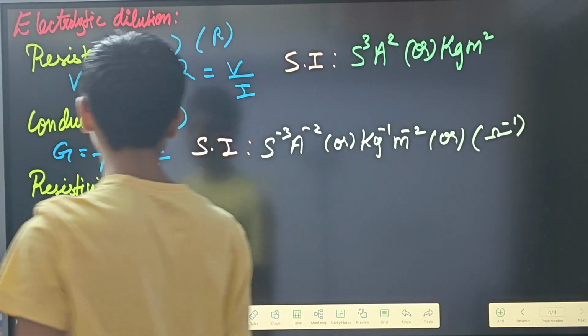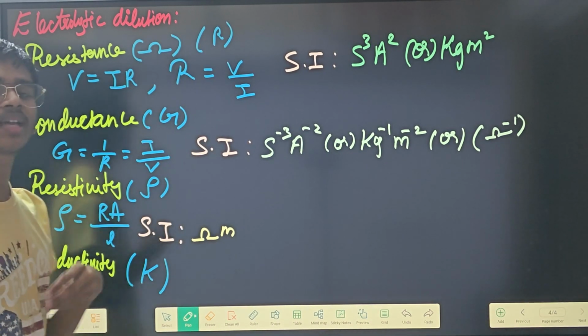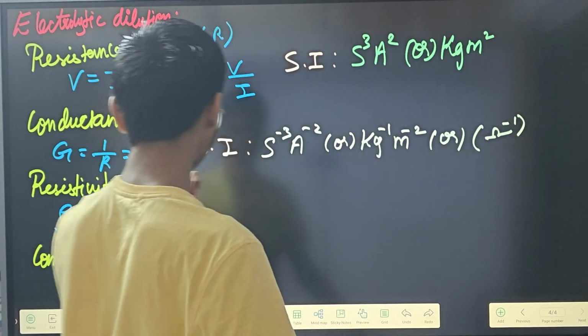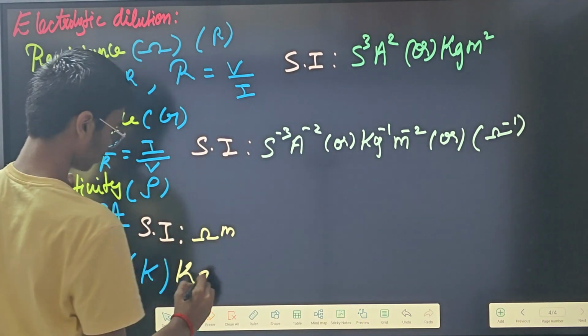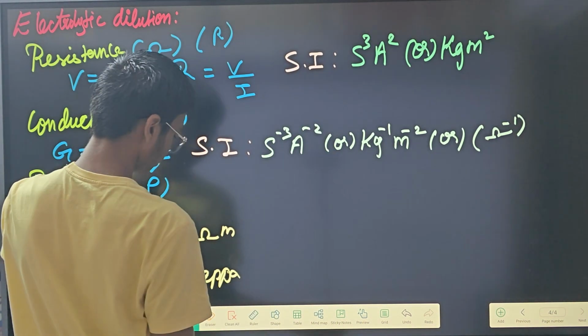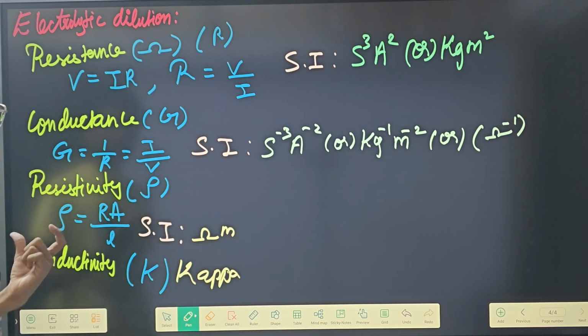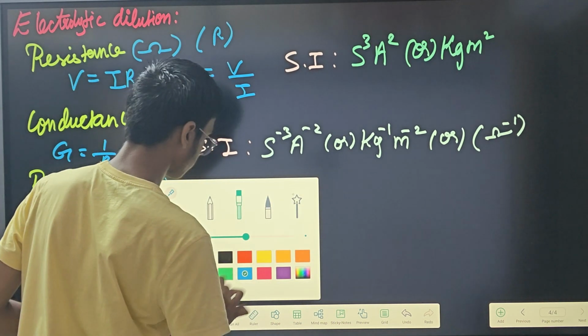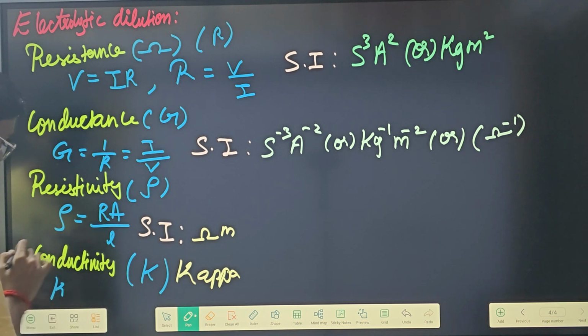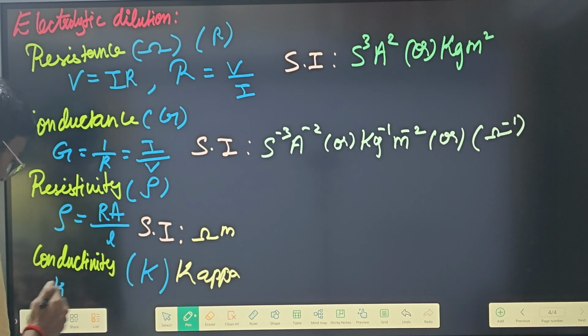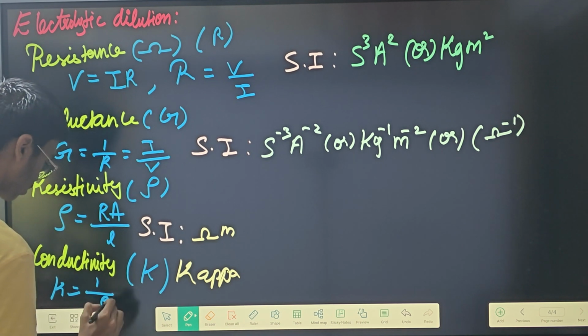Here conductivity, which is K. K means kappa, a Greek letter. Conductivity, which is represented as kappa, is equal to 1 by rho.